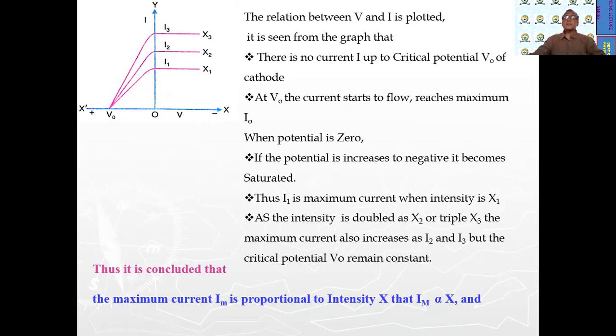We can write this as Im proportional to x, and we also conclude that the critical potential V0 is independent of the intensity. As is clear from the graph, even though the intensity goes on increasing as x1, x2, x3 and so on, the critical potential remains the same, that is V0.